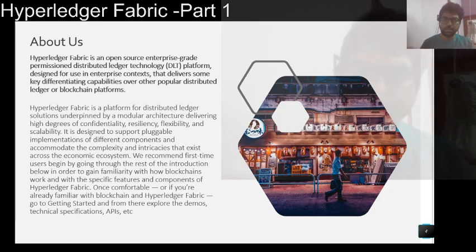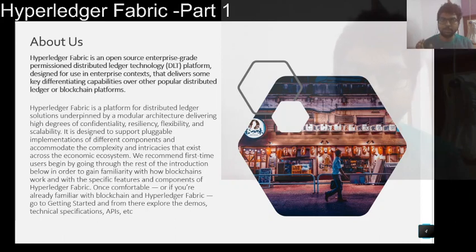Again, for beginners starting with blockchain and Hyperledger Fabric, they need to understand this is open source, can be used for enterprise, is a private blockchain, and is modular to suit any architecture. This gives continuity, resilience, flexibility and scalability.